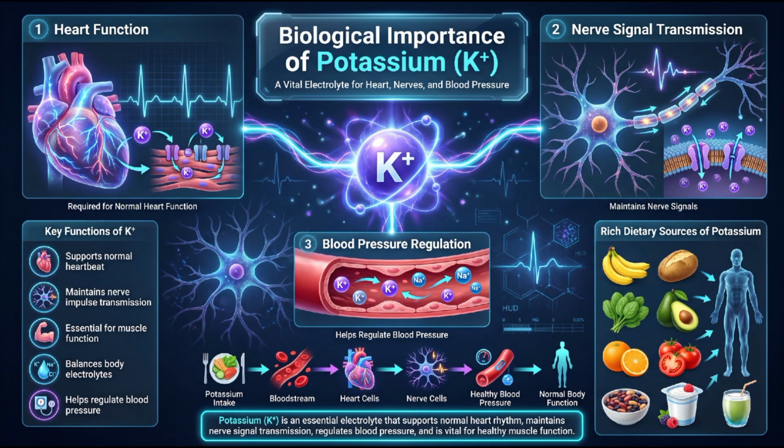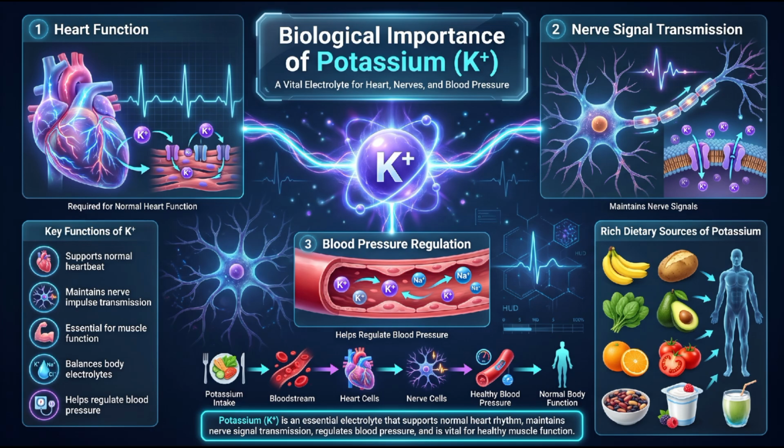Potassium helps regulate the electrical activity of muscle cells and works closely with sodium and calcium to initiate muscle contraction and relaxation. Adequate potassium levels ensure that muscles contract smoothly and efficiently. A deficiency of potassium may cause muscle weakness, fatigue, painful cramps, twitching, or even temporary paralysis in severe cases.